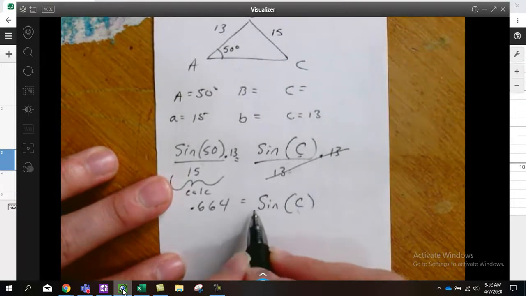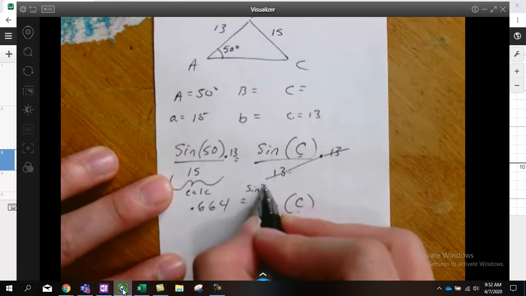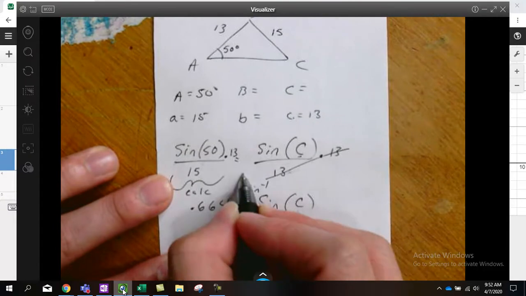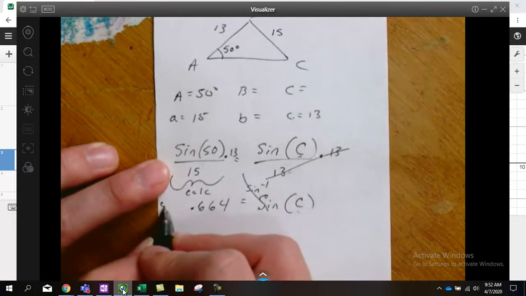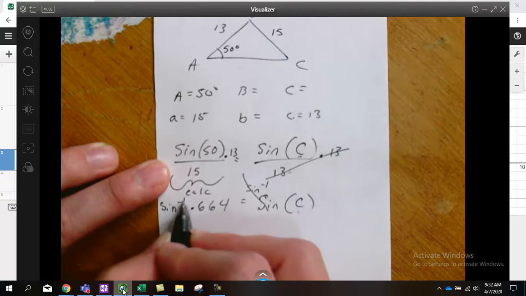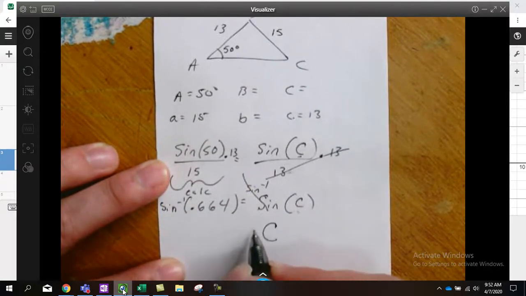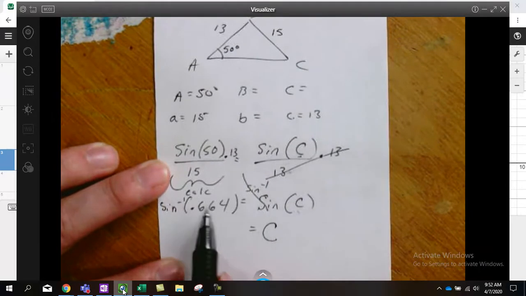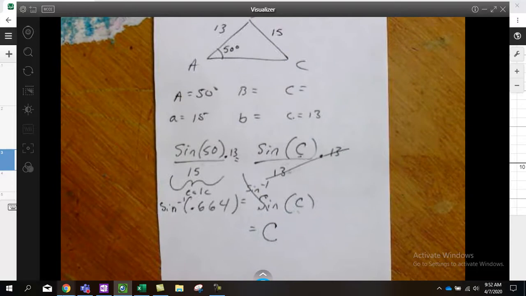Now what we have to realize is that to get C alone, we have to remove the sine function. To do that, we need the sine inverse. But to put the sine inverse on the right, I have to put the sine inverse on the left. So in order to find my capital letter angles, I always have to take the sine inverse of that decimal.